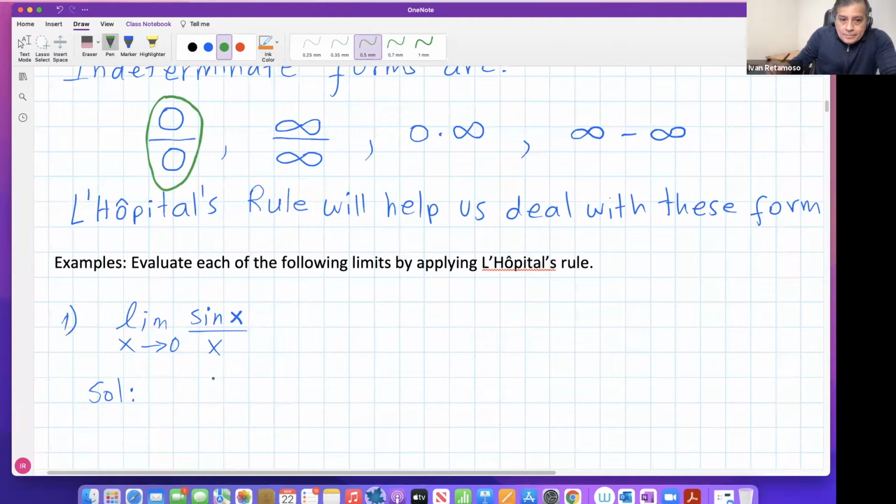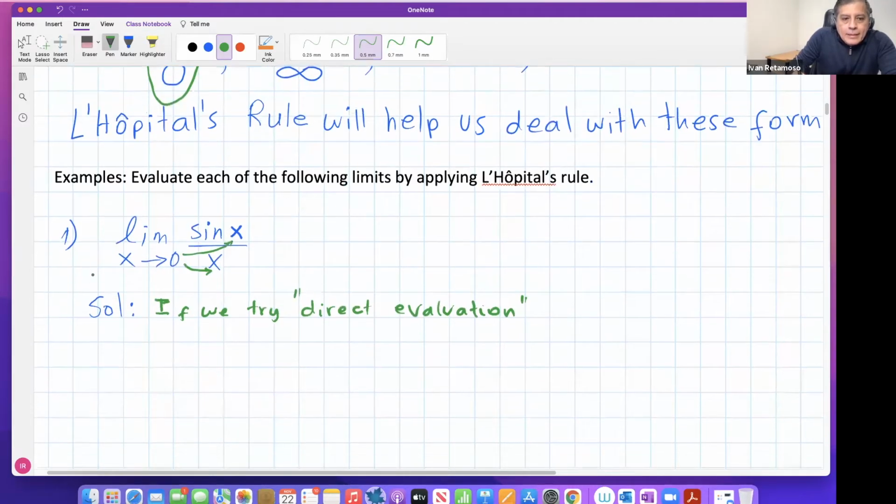All right, so first thing that comes to mind is to do a direct evaluation, right? So let me write here, if we try direct evaluation, we are going to get the following, right? If you put this 0 in here instead of x and this 0 in here, clearly what we're going to get is the following.